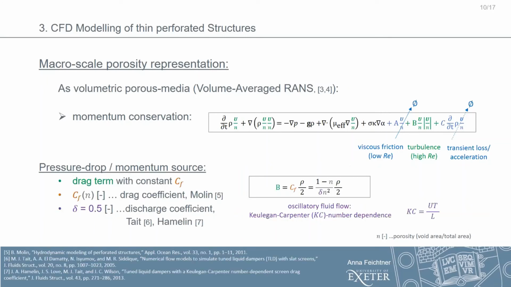So I've chosen a model where the drag coefficient is a function of the porosity only, so independent of any wave conditions. The porosity here is just the ratio of void area to total area. Yeah, for details, please see those references.